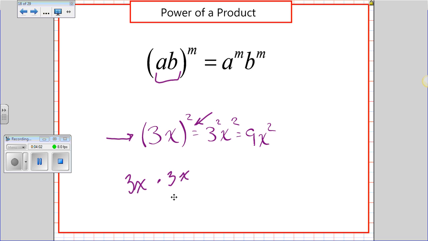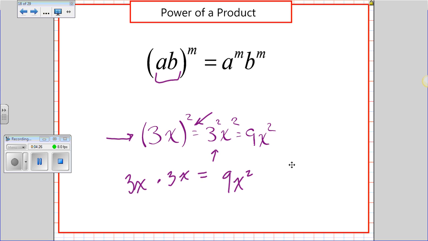Now, we know from our earlier multiplication of terms that we multiply the real number parts, the 3's. We get 9, or even in the intermediate step, 3 squared. And we multiply the x's. X times x makes x squared, so we're going to get 9x squared.